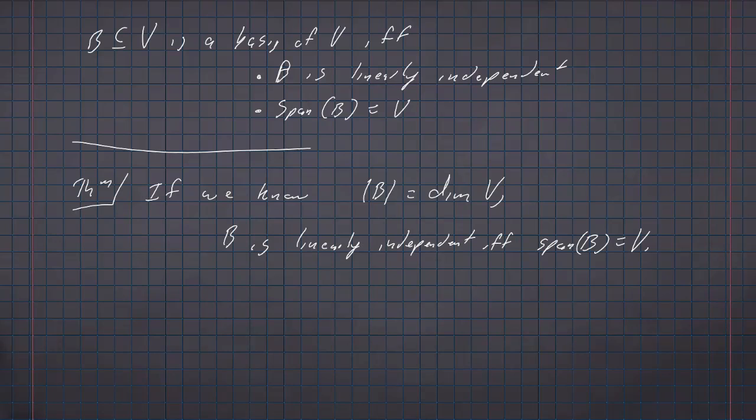If you know the dimension of your vector space, and you have a set with the number of vectors that a basis should have, equal to the dimension, then being linearly independent is enough to determine that you have a span, and having a span is enough to determine that you are linearly independent. Once again, that's not a theorem that I'm going to prove, but that's something that can be incredibly useful to you as you move onward in the course.